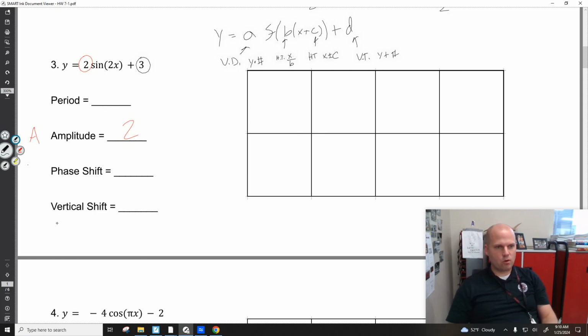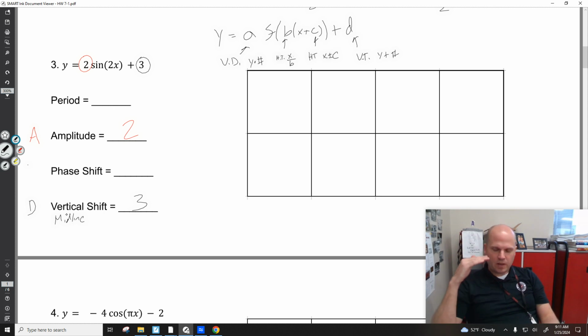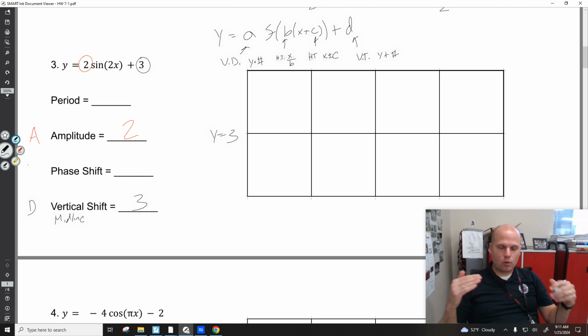So our midline or our vertical shift is now going to be at 3. Cool. We can start graphing right now, just paying attention to our y's first, and then we'll do our x's later. My midline, my vertical shift, I'm shifting from y equals 0 to y equals 3. I will be going up and down 2 from there.